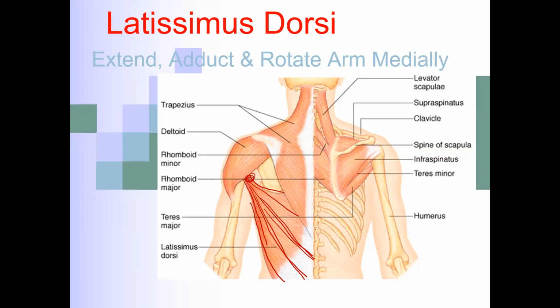Rotation is like when you're reaching across your shoulder. Let's say you have something in your right hand and you want it. You reach over towards your right hand with your left hand to take it out of your right hand. That is rotating your shoulder medially. So when you're reaching across your body with your hand, you're rotating your shoulder medially when you do that. Okay?